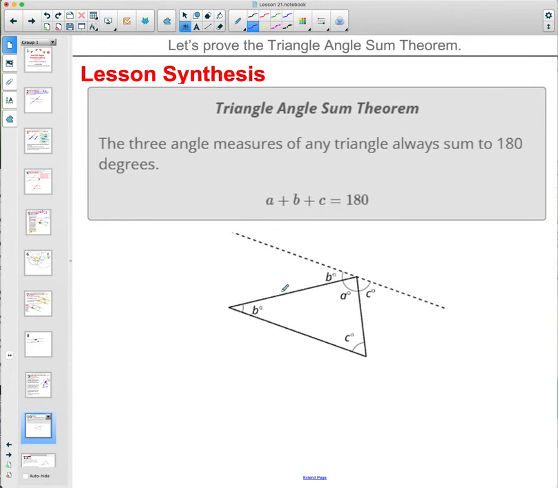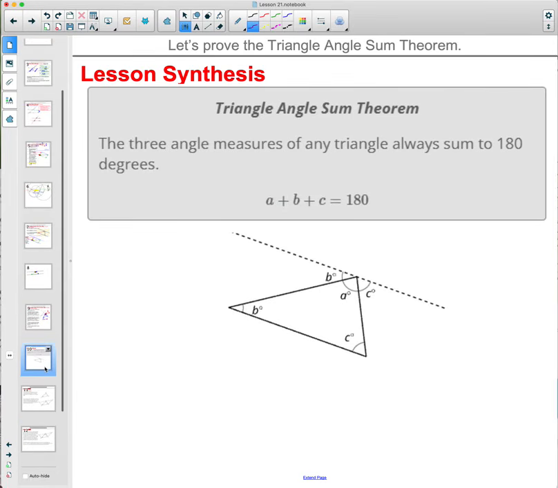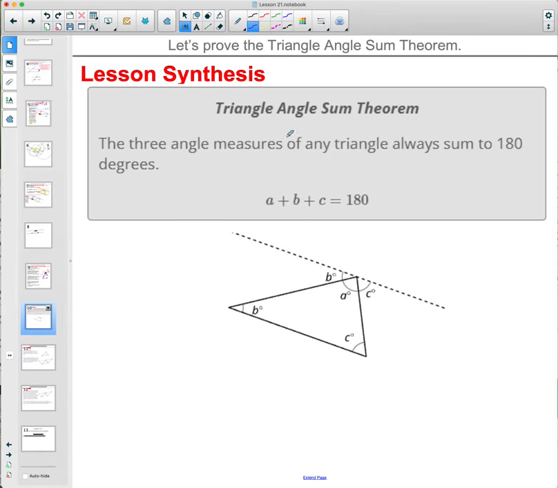Okay, so ultimately the goal here was that we got the triangle sum theorem, which is that all of the angles in a triangle, A plus B plus C, so all three of the angles always total 180. And this can go on your reference chart so that A plus B plus C is always equal to 180.